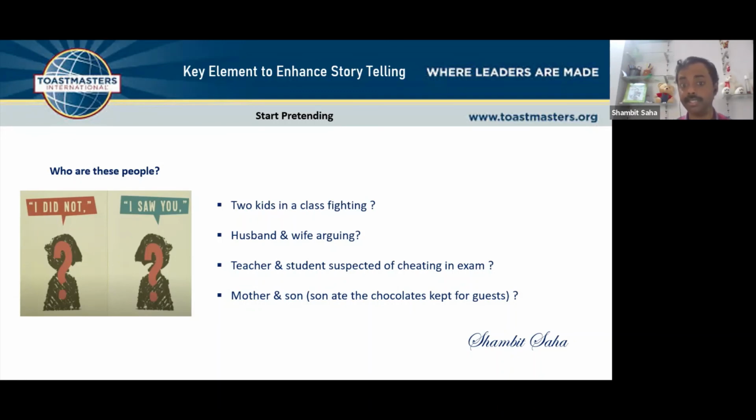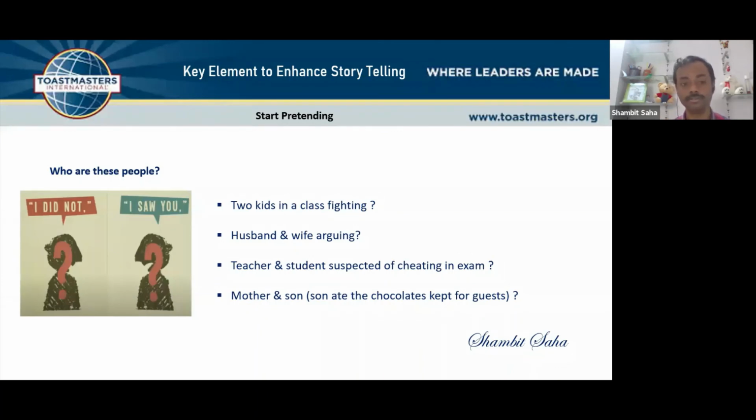Maybe it's a husband and wife fighting. "You were having an affair with her. I saw you." "I did not." Something like that. Maybe someone is eating a cake in the kitchen, what I did for most of my life, eating good things out of the kitchen, and my mom scolding me. "Did you eat the cake?"